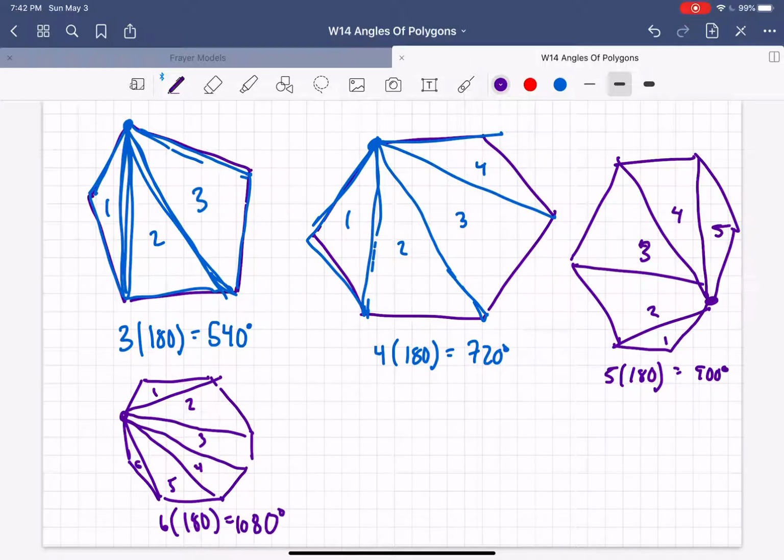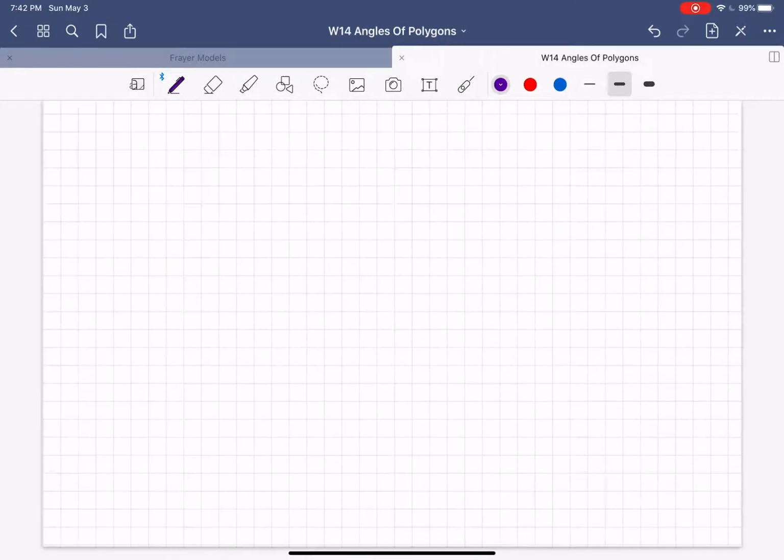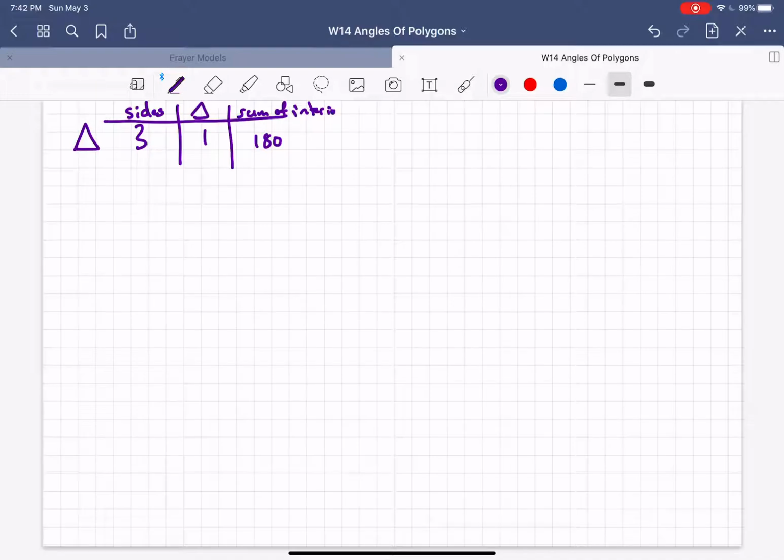All right? We might have noticed that pattern already. So let's look at it. In a triangle, we have 3 sides, which made one triangle, which means we got 180 degrees for the sum of interior angles. So if we continue, if we had a quadrilateral, we had 4 sides, we split that up into 2 triangles, so we got 360.